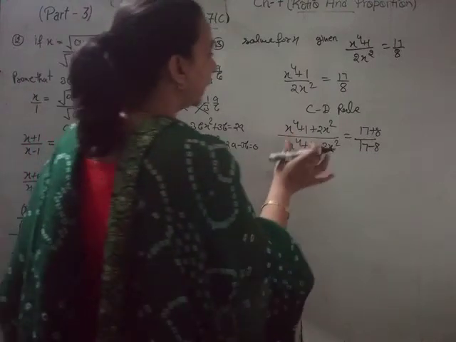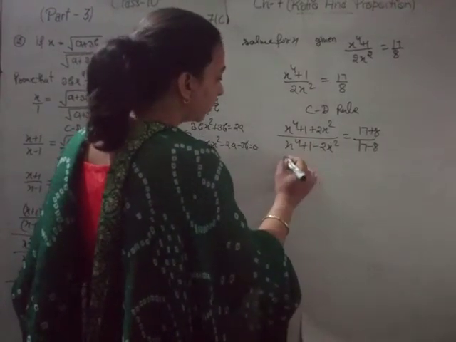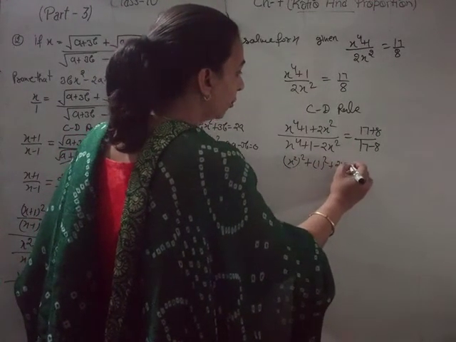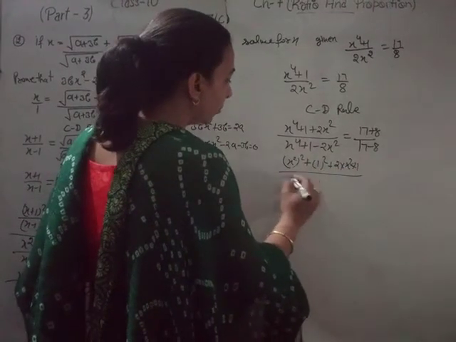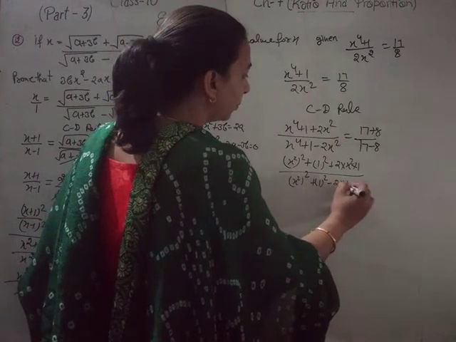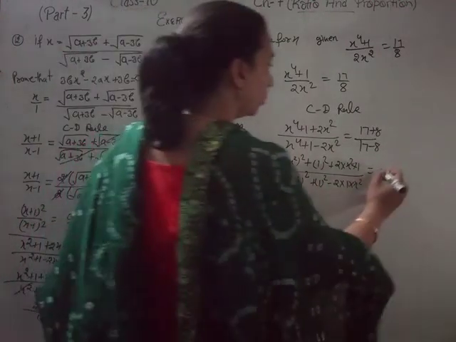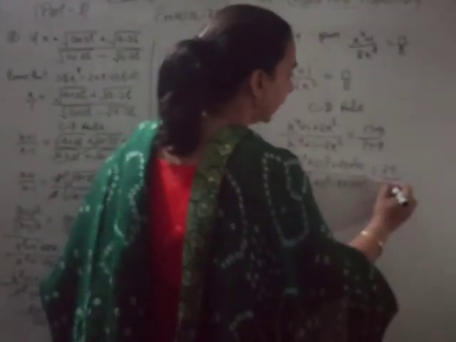Okay, again this complete, student, we write this (x²+1)² in the numerator, and the denominator is (x²−1)², and 17 plus 8 is 25 and 17 minus 8 is 9.